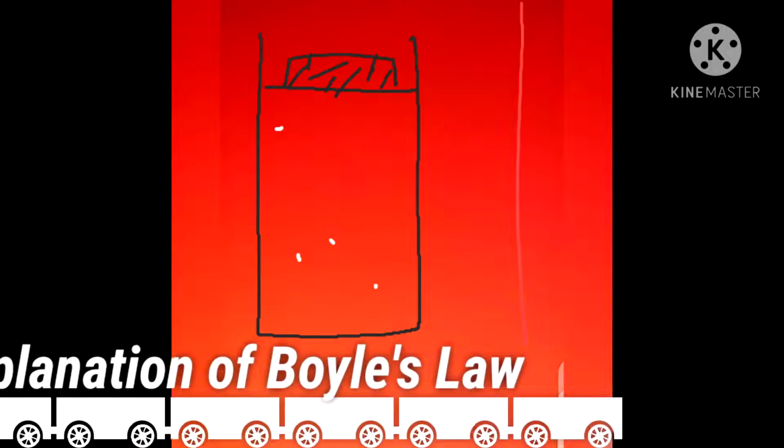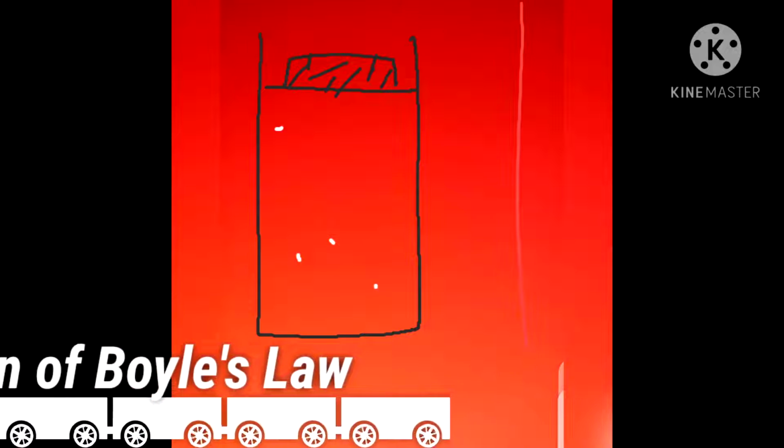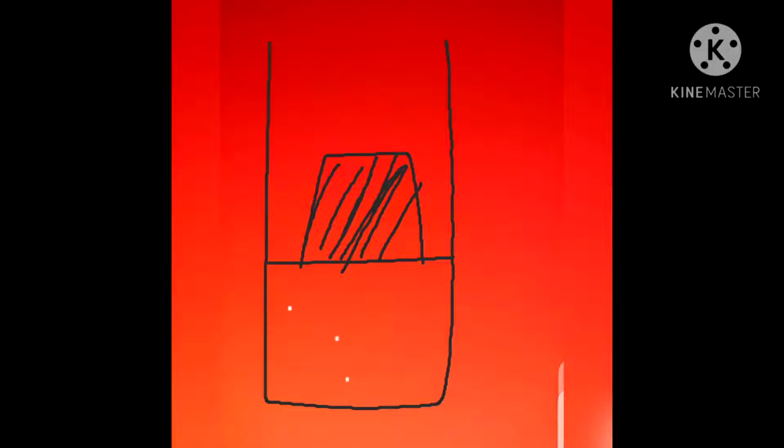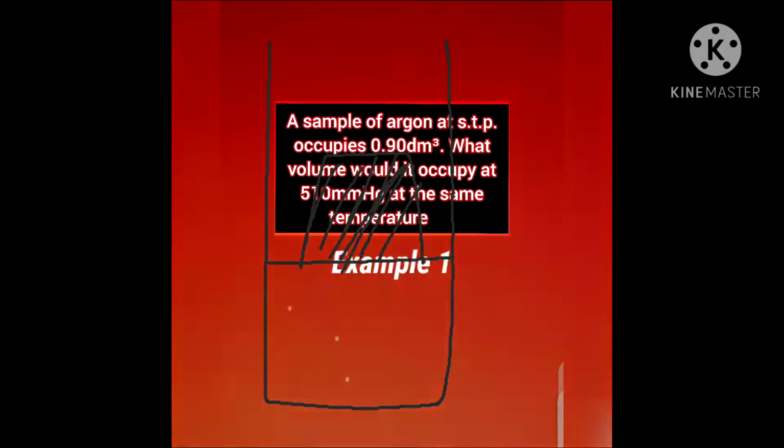Now, since the temperature is constant, the average kinetic energy of the gas molecules is constant, which means that if the volume or the space occupied by the gas is reduced, the gas molecules have a shorter distance to travel, so they will now be colliding more often with one another and with the walls of the container. That is why a reduction in volume or space results in an increase in gas pressure.